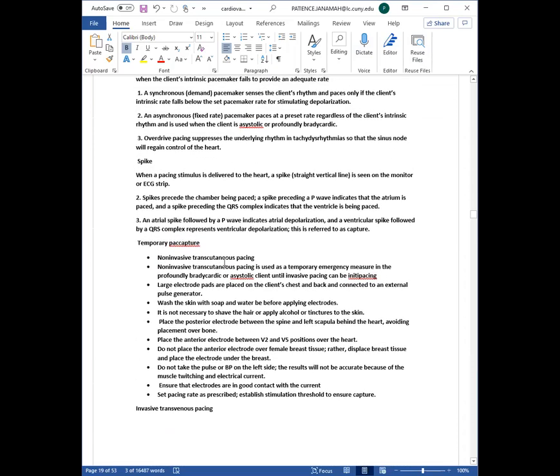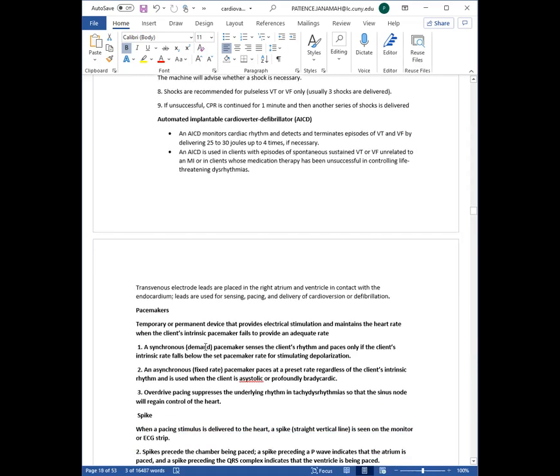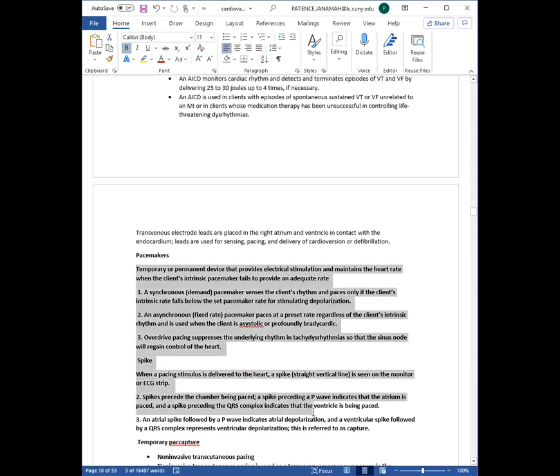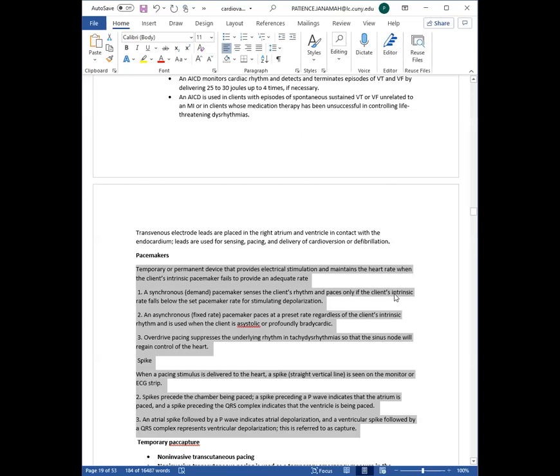So the next one I just want to talk about is pacemakers. A pacemaker is a temporary or permanent device that provides electrical stimulation and maintains the heart rate when the client's intrinsic pacemaker fails to work at an adequate rate.